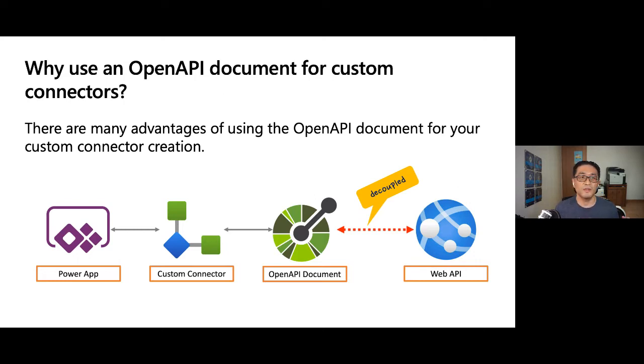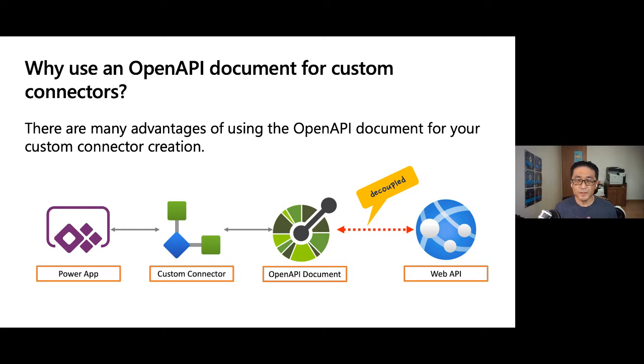It means you can download the OpenAPI document as a citizen developer directly from the application and create a custom connector for it. By doing so, as you can see on the slide, you remove dependencies on the professional developers team, right? You don't have to ask them again. All you need is to download that OpenAPI document for your custom connector.